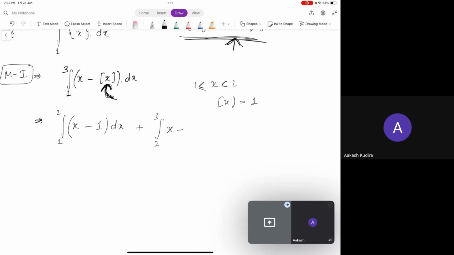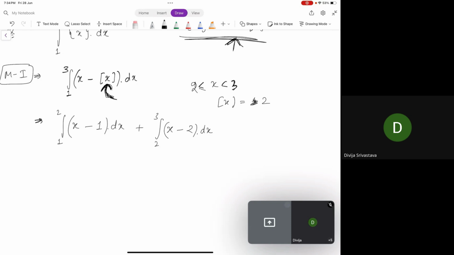If x is from 2 to 3, then the value of [x] is actually equal to 2. Correct? 2, because it will be the lowest value that you're taking into consideration. Simple. So here I will write 2 dx.